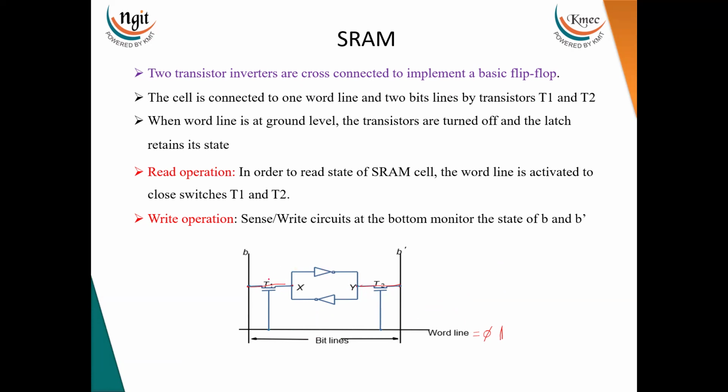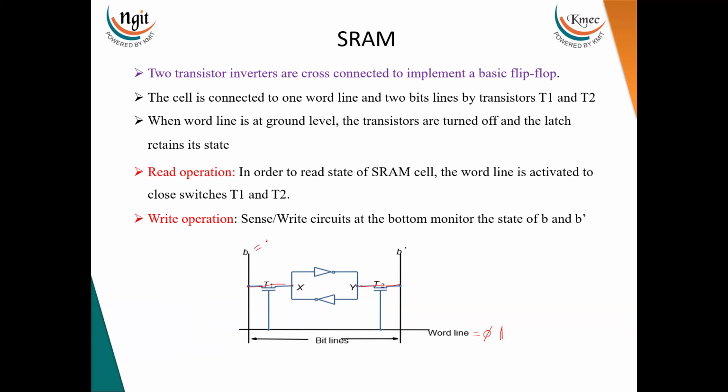Now, how does the processor write the data? The word line is equal to 1. Now, it will keep the data on the data bus. By giving the address, the word line will be selected, and by placing the data, that data will be available on these bit lines. So the sense write circuits will monitor B and B dash.